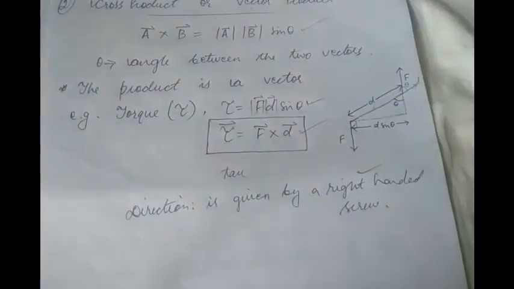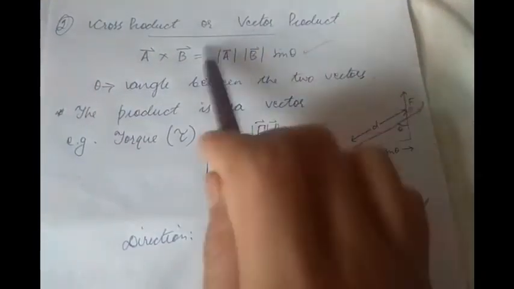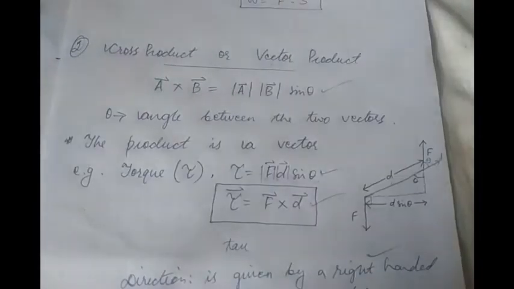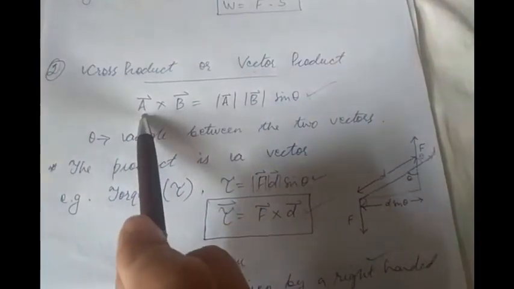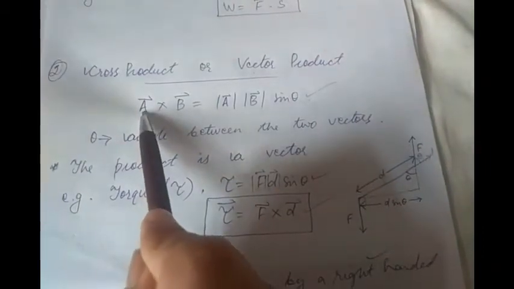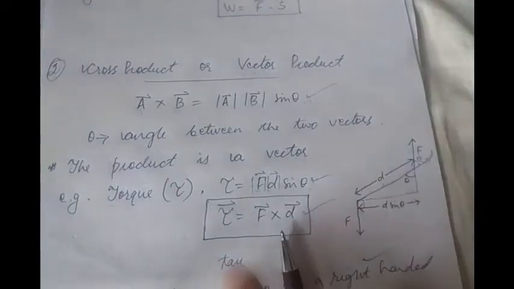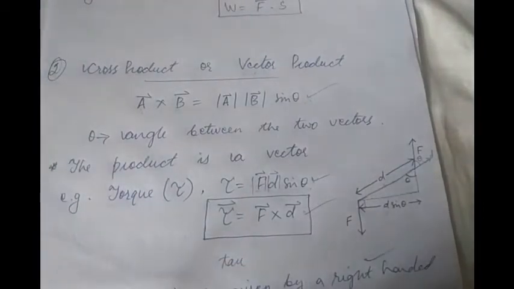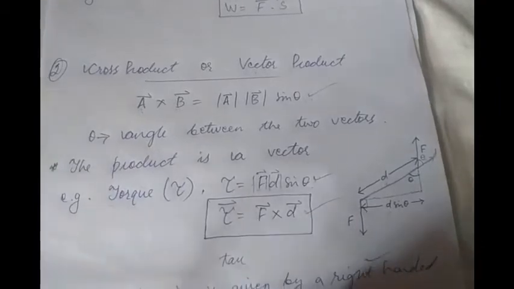So far we spoke about only the magnitude of the product vector. Get one thing very clearly. A is some vector, B is another vector. A cross B is a completely new vector, like you can see over here.